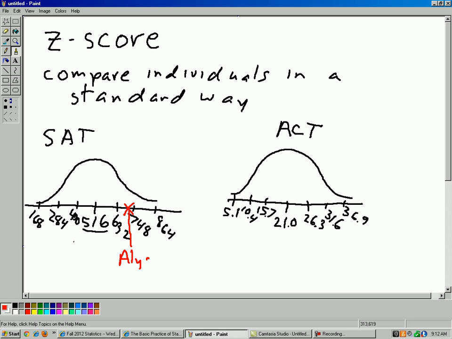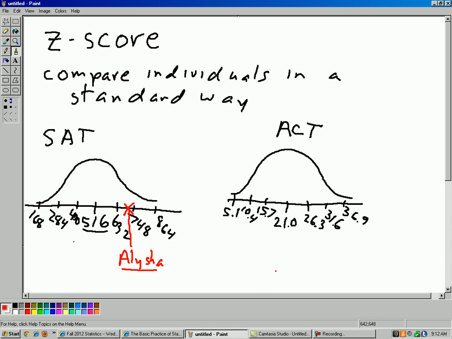Here's the mean. This is 1 standard deviation above the mean. Here's 2 standard deviations above the mean. So it's like 1 point something, about 1.5 or so standard deviations above the mean. Okay, good job, Alicia, on your SAT score.